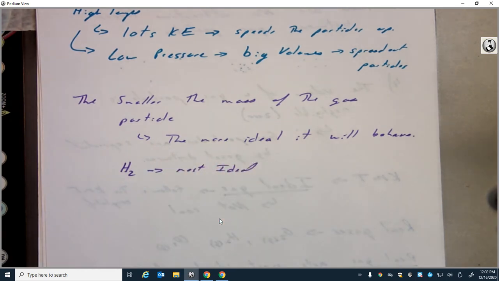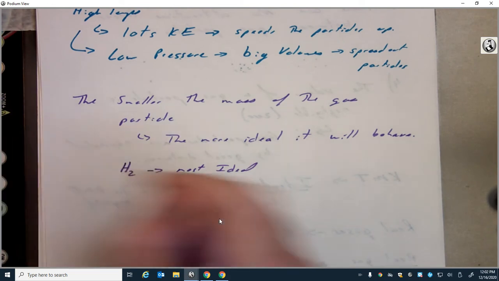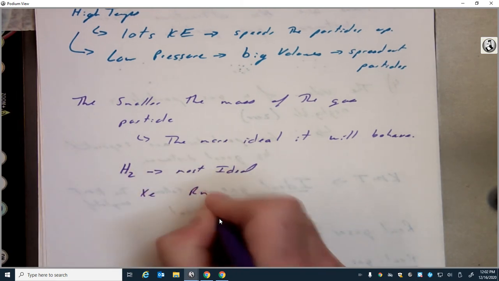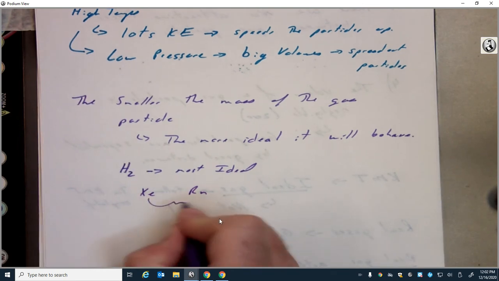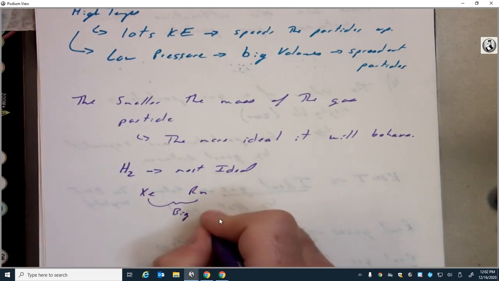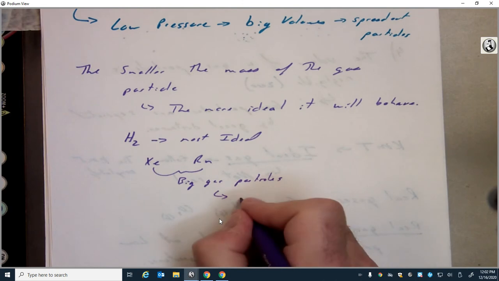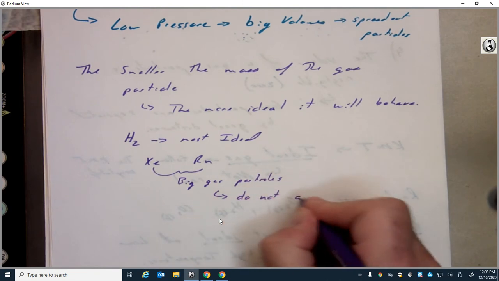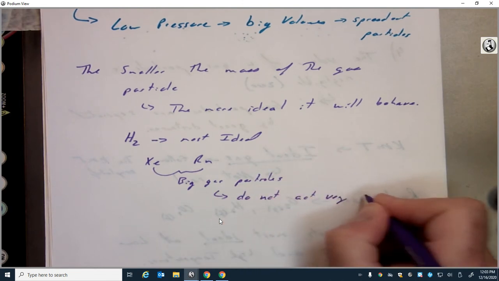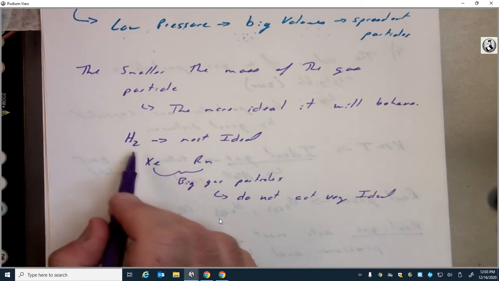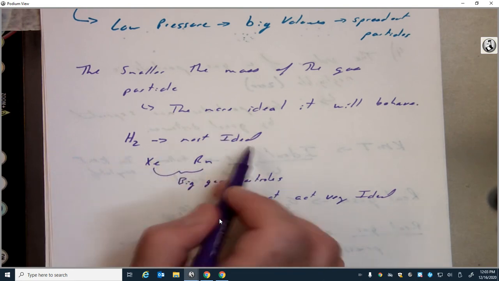But if you get into big ones, like some of the noble gases, xenon and radon, these are big gas particles. They do not act very ideal. So the lighter the mass, or the less mass there is in the particle, the more ideal it will behave.